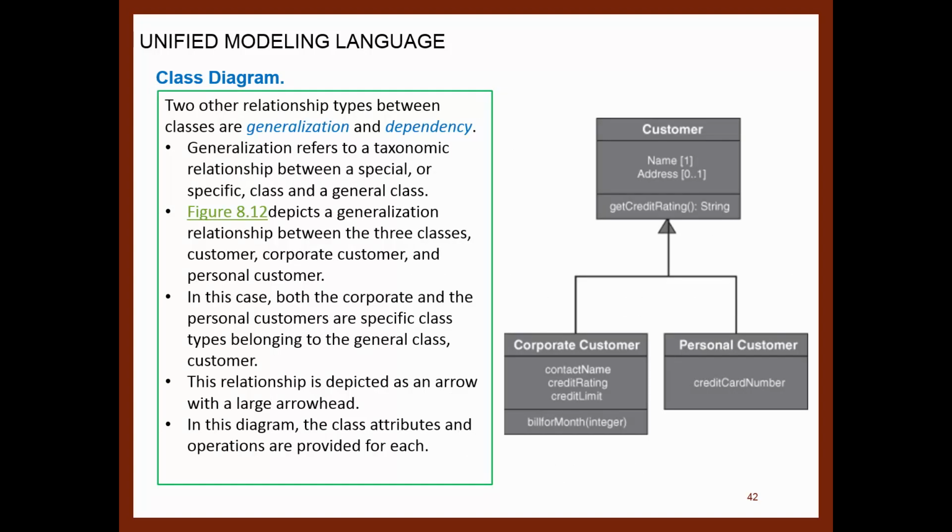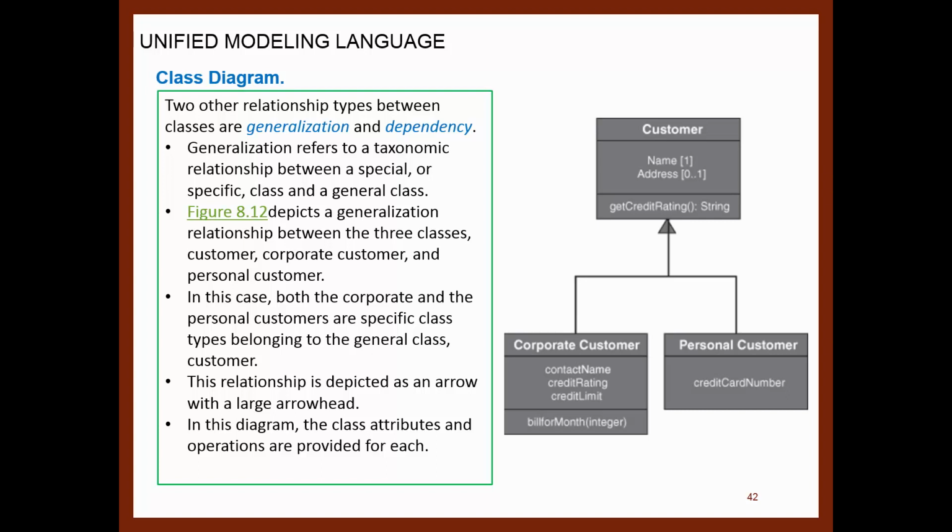Two other relationship types between classes are generalization and dependency. Generalization refers to a taxonomic relationship between a special or specific class and a general class. So figure 8.12, which is the figure in this slide, depicts a generalization relationship between the three classes: customer, corporate customer, and personal customer.